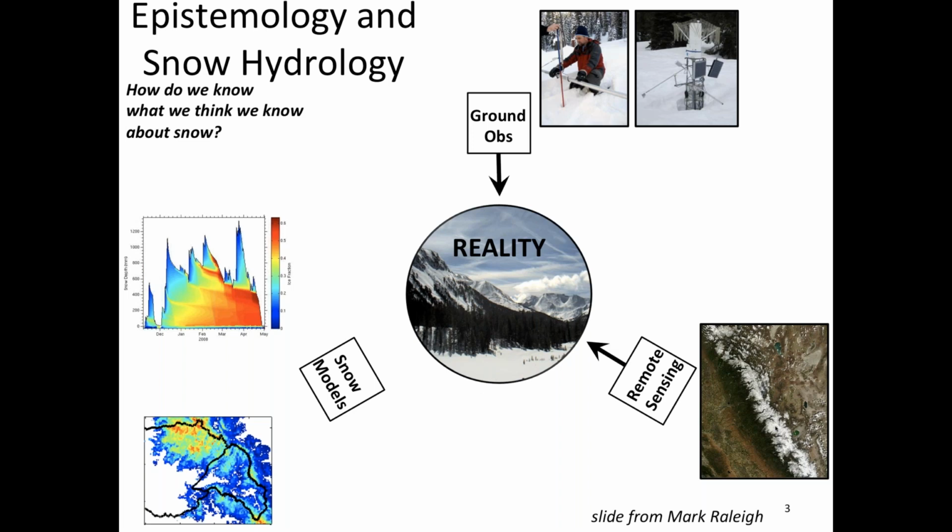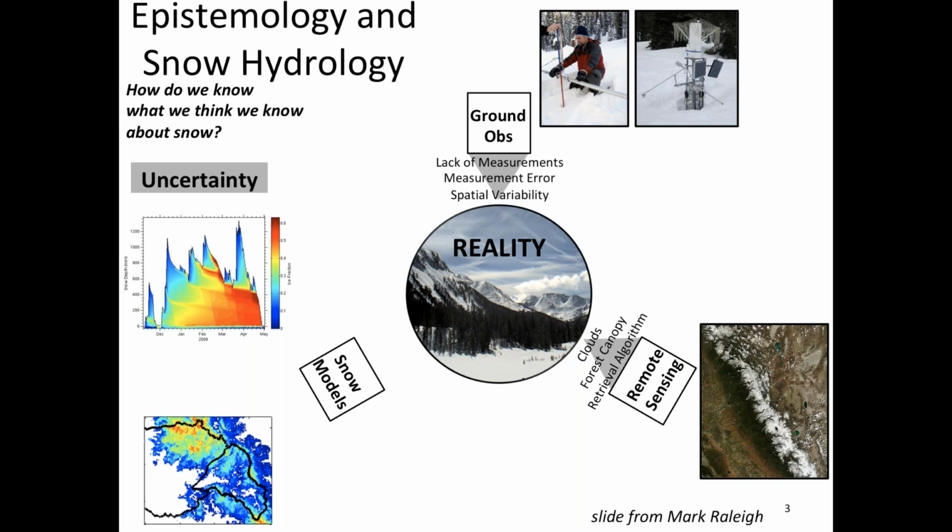Now, each of these represents some aspect of reality, right? Ground observations and remote sensing are directly looking at reality. However, there's some uncertainty in both of them. With ground observations, we never have enough measurements. When somebody goes out and takes the measurement, there's a lot of sources of possible measurement error if you try it yourself. This poor weather station in the corner probably is not recording a very accurate snow depth right now.